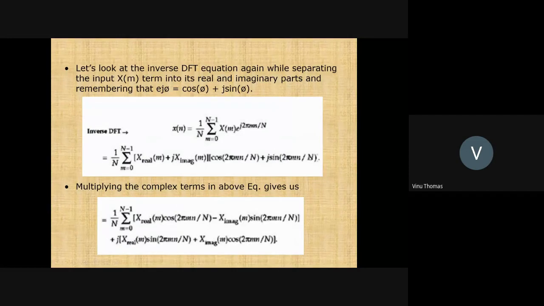Now we will multiply all the terms through and write down four separate terms, out of which 2 will go to the real part of small x of n, and 2 terms will go to the imaginary part of small x of n. Whenever it's not the real and imaginary part of small x of n, it will be the real and imaginary parts within the summation.